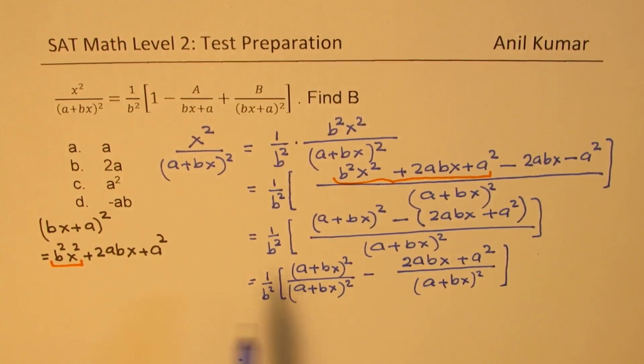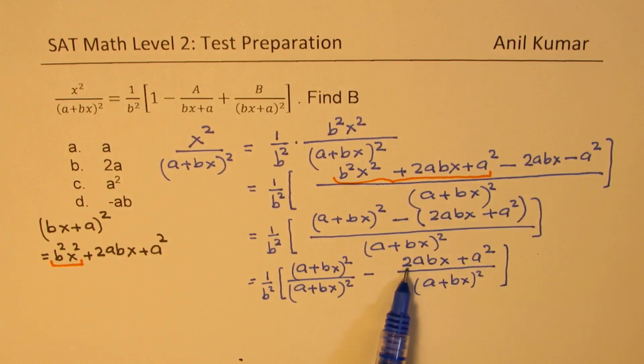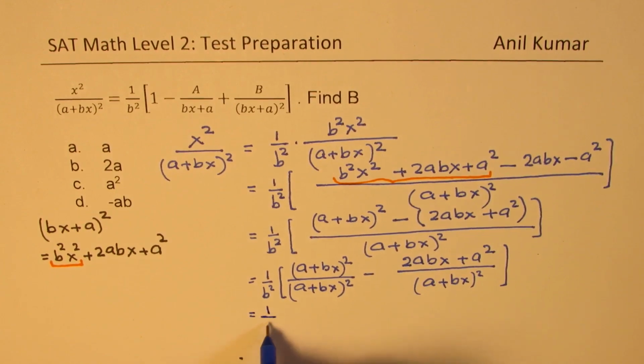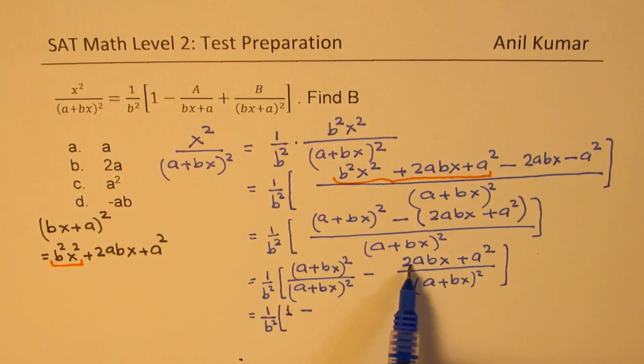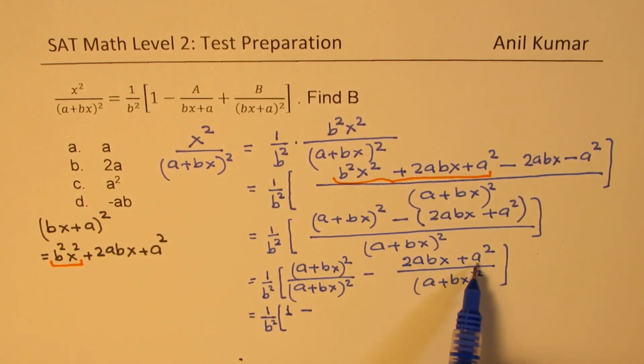So we have got 1 now, and we have to now partial factor the other part. Correct? Now in this, we are looking for a term a plus bx. Okay, so but we have here 2b, right? So what we could do here is we could rewrite this as 1 over b square. So this is 1 for us, 1 minus. Now in this case, if I have to write a plus bx, we have bx, we could take 2a common, but we do not have 2a here, right?